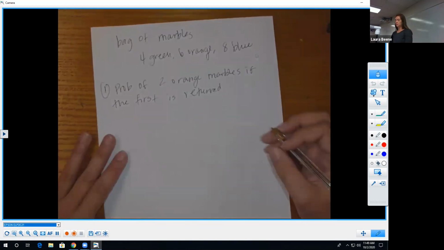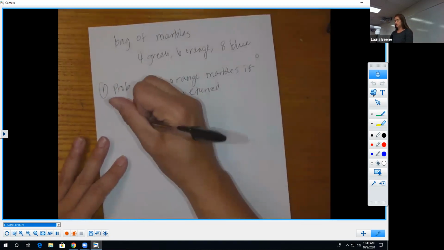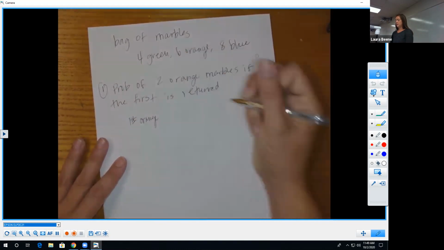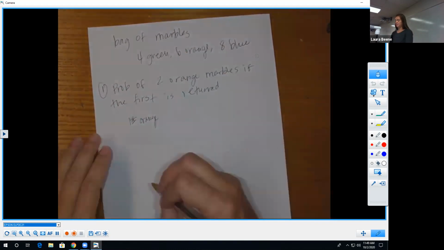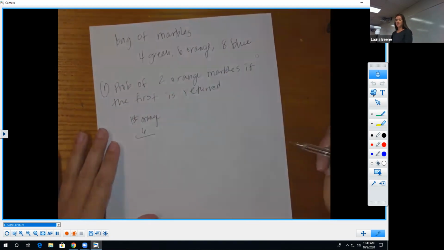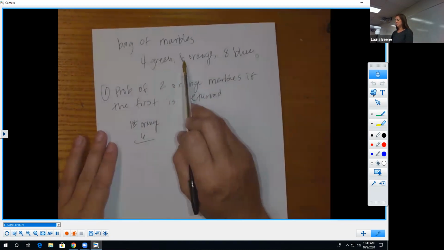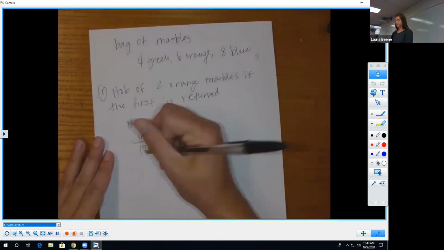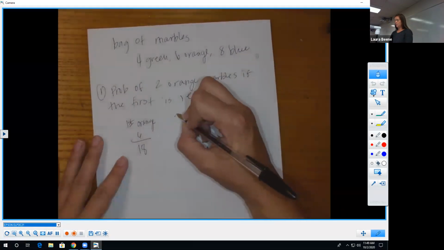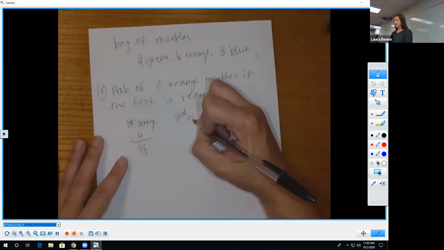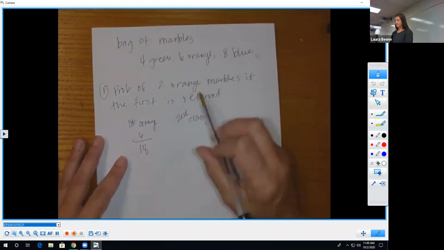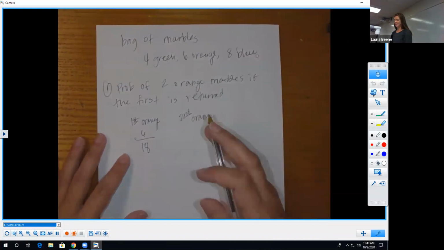Okay, so the probability of drawing your first orange is how many orange marbles are in there? Well, there is 6 orange marbles out of how many total marbles? 4 plus 6 plus 8 is 18. Okay, what's the probability of getting the second orange? Well, that first orange that you drew, you put back in there. So it's the exact same probability.